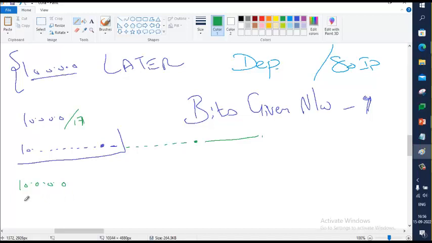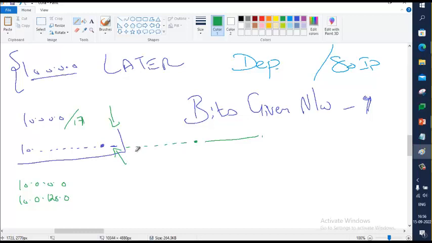The second subnet in this octet is 10.0.128.0. Why did I put 128? Because the face value of this bit is 128.